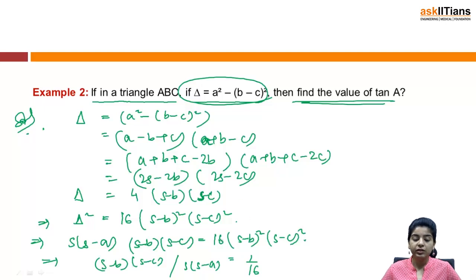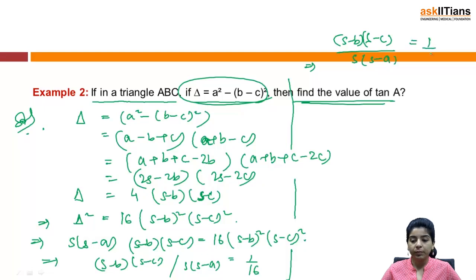I have taken 16 on this side, (s minus b)(s minus c) gets cancelled, so we have 1, (s minus b)(s minus c) remains, so 1 (s minus b)(s minus c) by s(s minus a). So after this we have reached here: (s minus b)(s minus c) by s(s minus a) is 1 by 16.